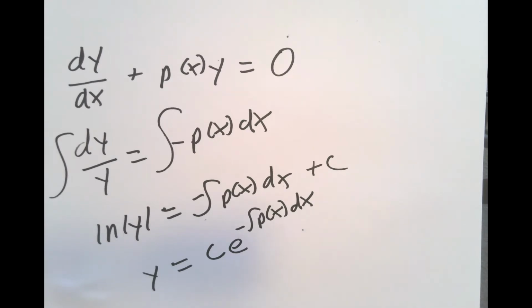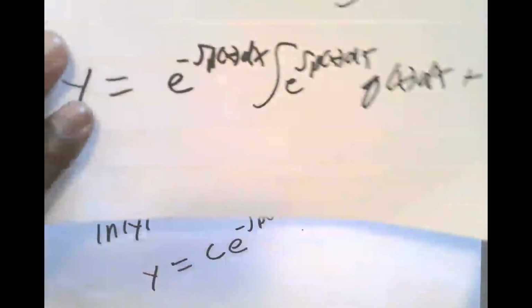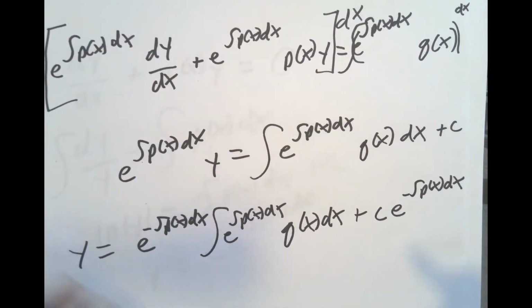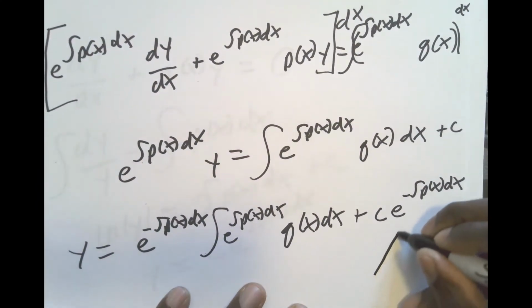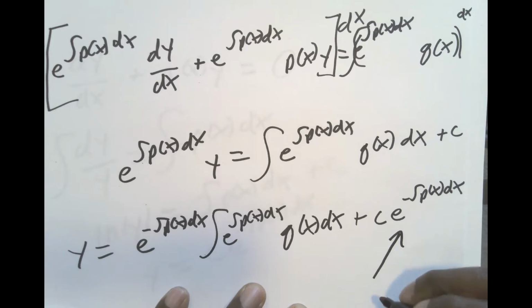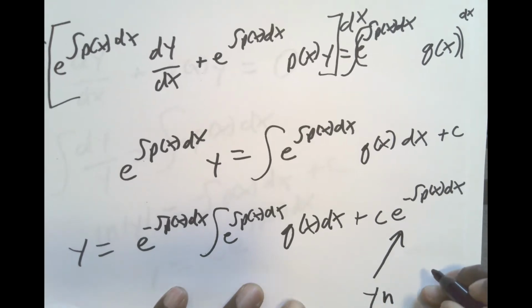And if you look at this long drawn out solution that we had, you'll see that here. This is called the solution to the associated homogeneous equation, which sometimes you'll see referred to as y of h.